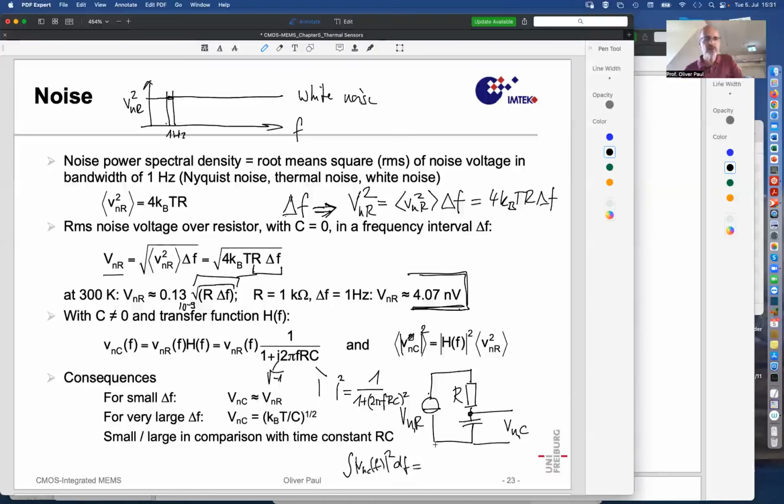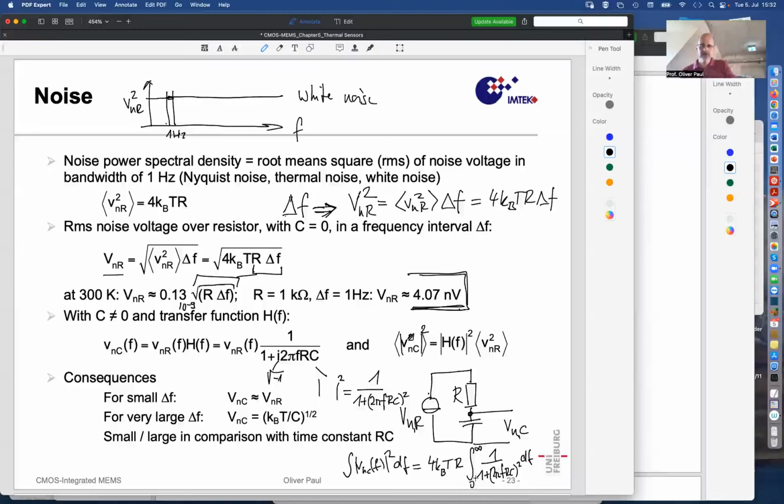And this is going to be V_R squared, which is 4 k_B T R. And then comes the integral of 1 over 1 plus (2 pi f RC) squared integrated over all frequencies. And this integral here is from 0 to infinity.